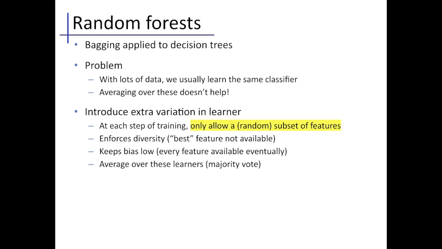So what random forests do is this. In addition to the random sampling, at each step of training, this method only allows you to use a random subset of features to build the decision trees. So that is another randomness introduced in this model. Not only the training data sets, but also what type of features you can use to build the decision tree.